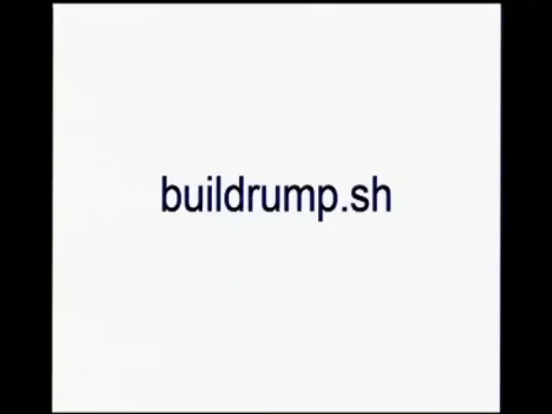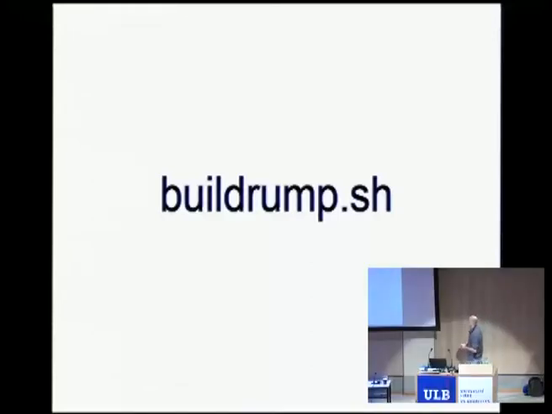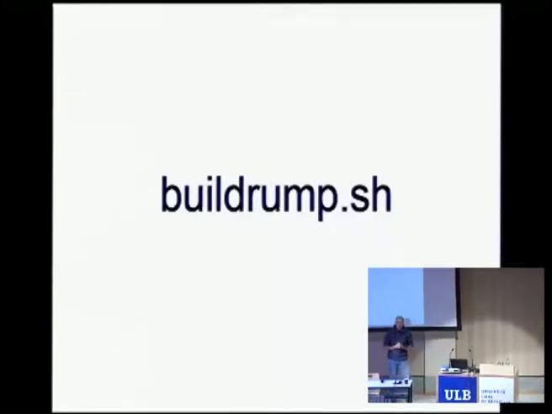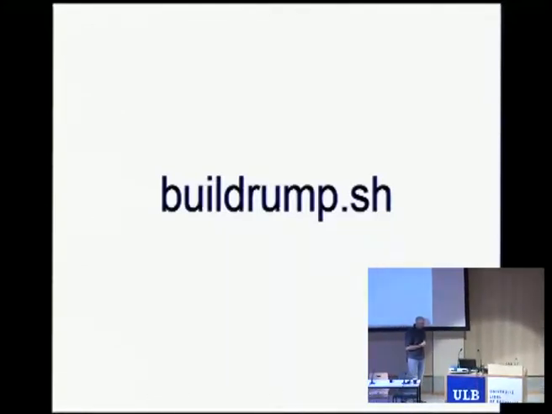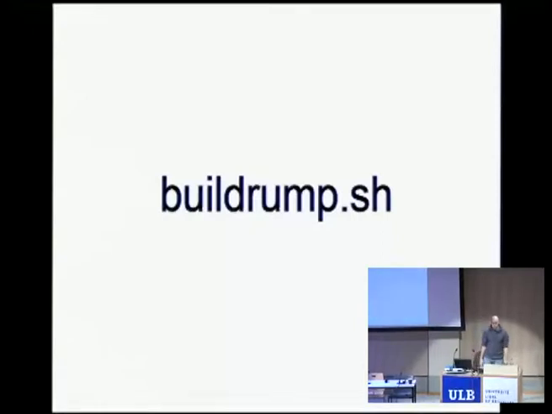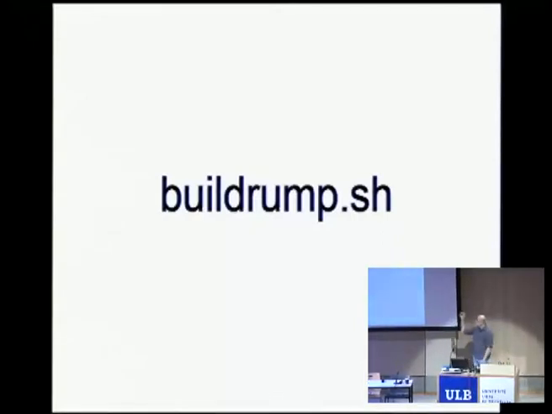Okay, so I promised to tell you how you can run this stuff on a sensible open source operating system, just in user space. You don't need to install any virtual machines. You don't need to do anything like that. You just get a script called buildrump.sh, which is hosted on GitHub.